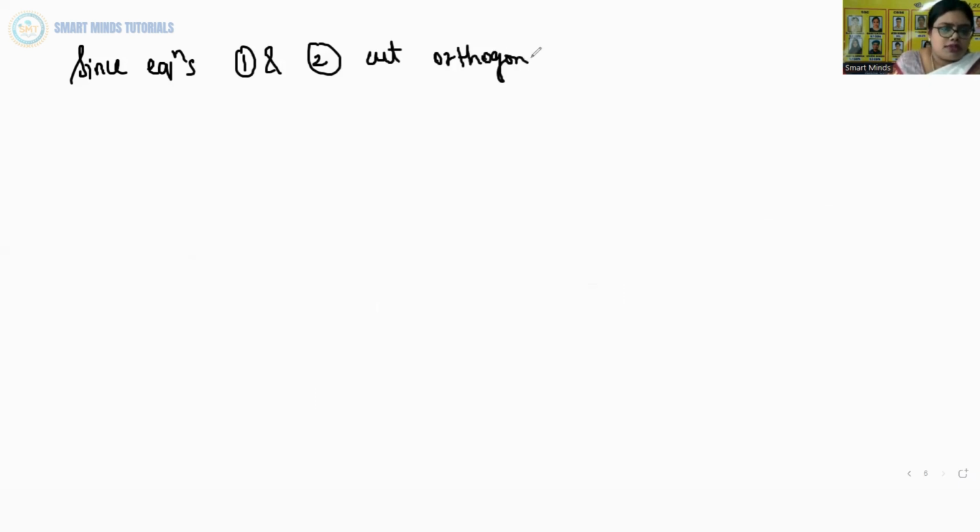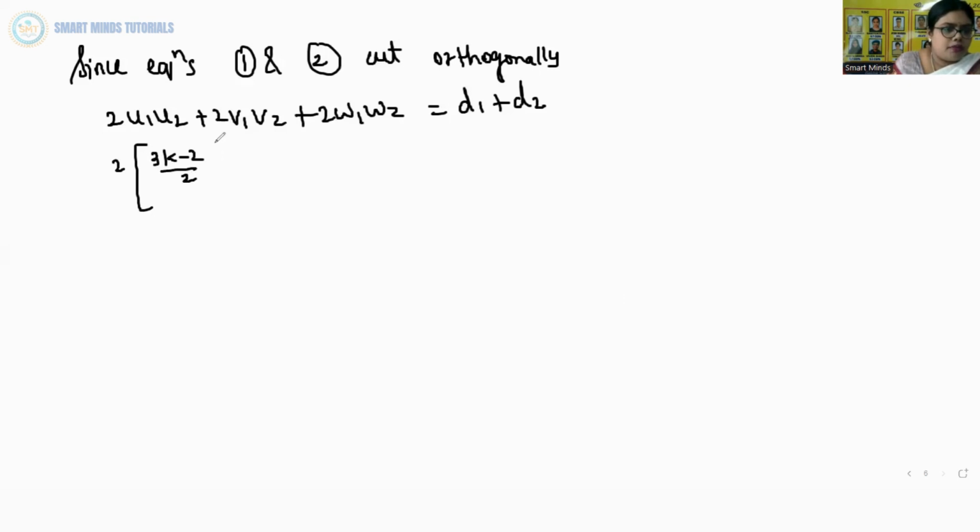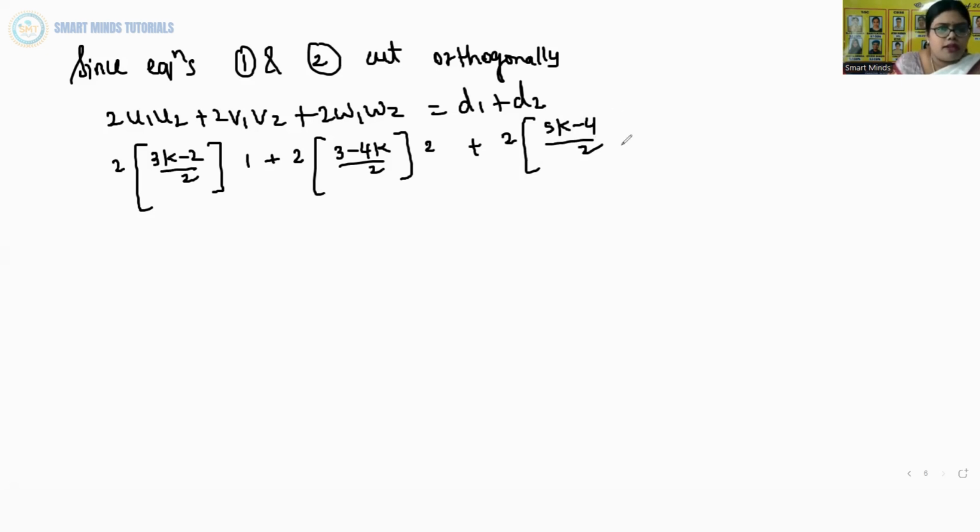So after finding all the values, since equations 1 and 2 cut orthogonally, in the last question I have given you the orthogonal condition. What was that condition? 2u1u2 + 2v1v2 + 2w1w2 = d1 + d2. So 2 into (3k − 2)/2 into 1 plus 2 into (3 − 4k)/2 into 2 plus 2 into (5k − 4)/2 into −3 is equal to 6 − 15k + 11.